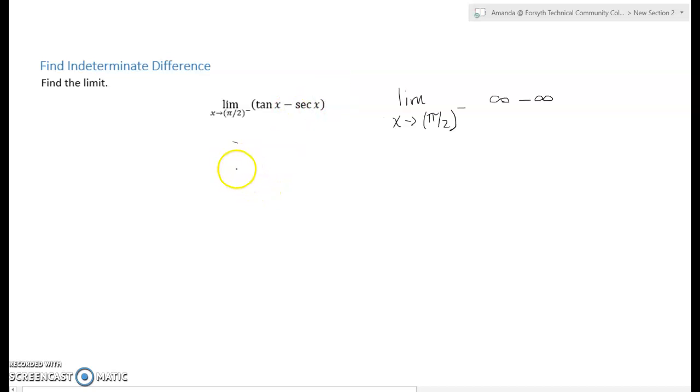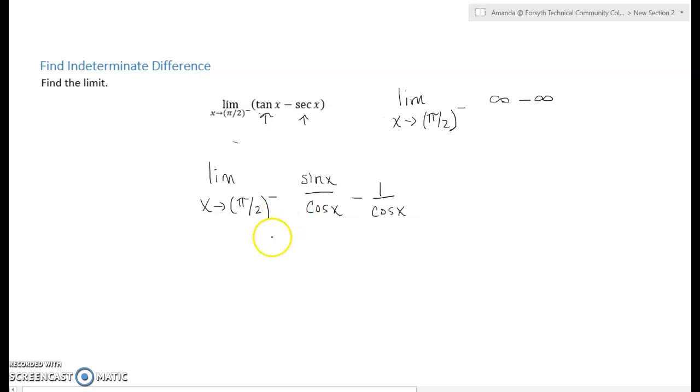And so what we want to do here, we want to think, how can we make tangent and secant into something that is a quotient? Well, we can rewrite this as x approaches pi over 2 from the left of sine over cosine minus 1 over cosine x.